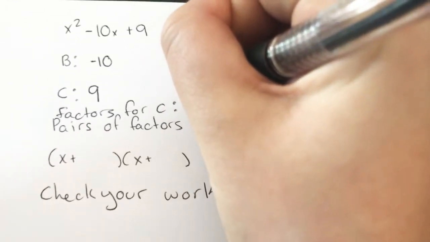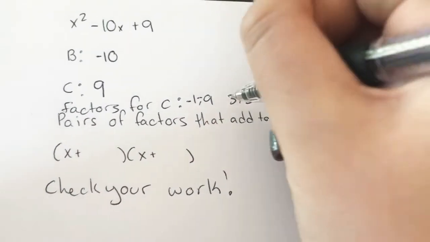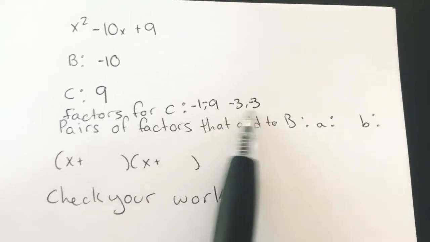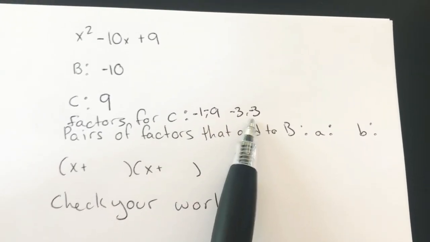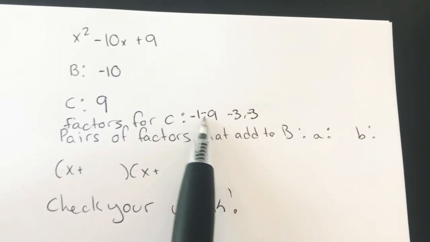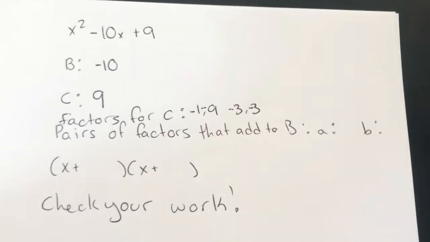So looking at these factors, both need to be negative, and we're going to see which one works to add up to b, add up to negative 10. Does negative 9 plus negative 1 add up to negative 10?